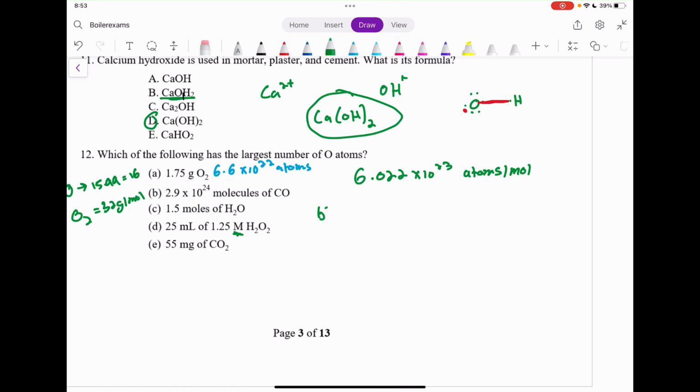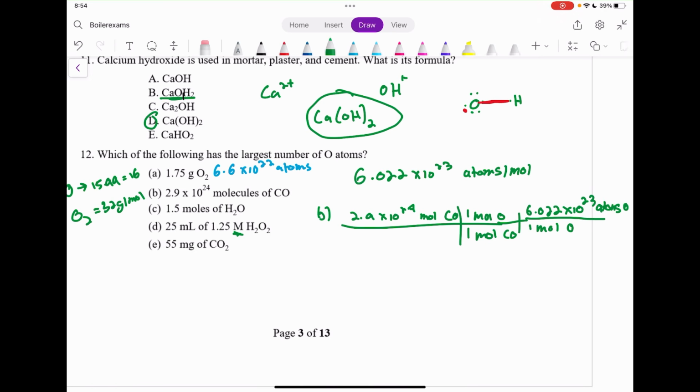Let's do B. We have that many molecules of CO. Okay, this one will be quicker. 2.9 times 10 to the 24 molecules. Convert to moles. It's carbon monoxide, and in 1 mole of carbon monoxide there is 1 mole worth of oxygen, and in 1 mole of oxygen we have 6.022 times 10 to the 23 atoms of oxygen.